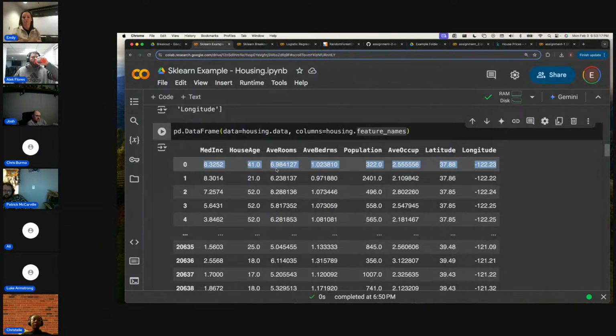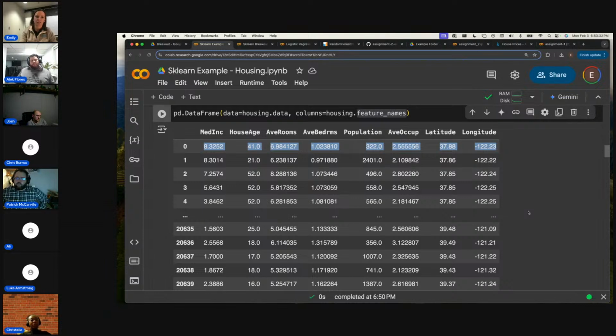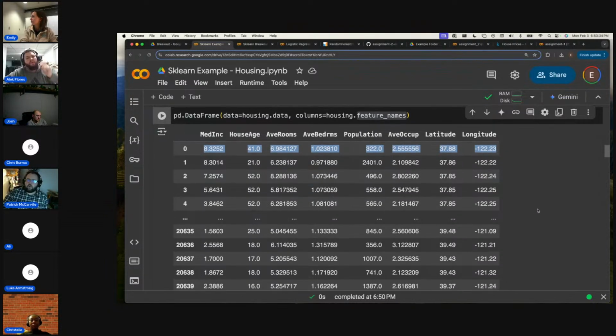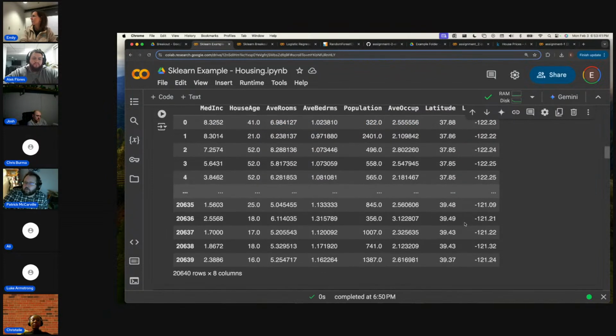You can have 6 rooms or 7 rooms, but not 6.9. The reason that's there is this is really an average across a set of houses in an area. So they did this to deal with some of the ethical concerns of the other data set. So if you're curious, that's why it says average occupation, population, etc.